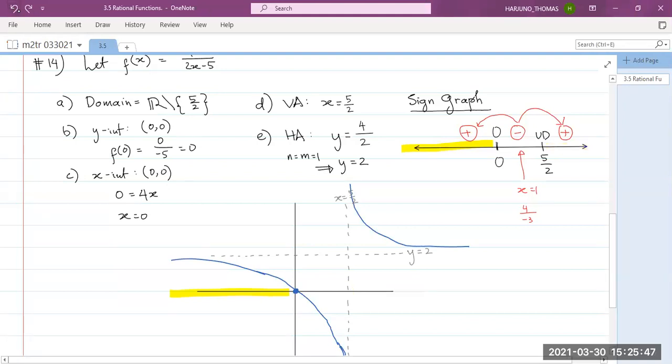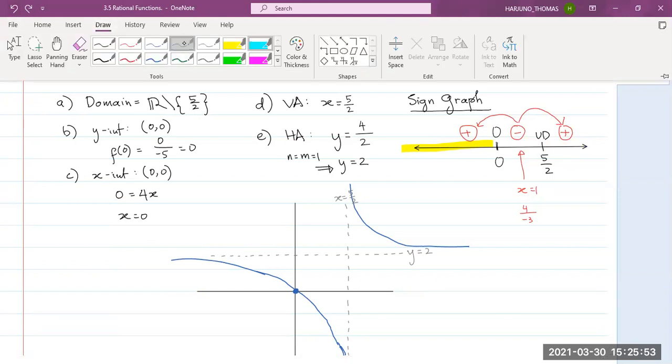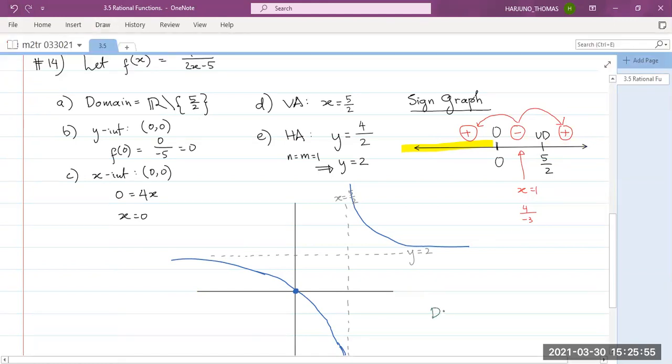Okay, but if we want to see more details, we can. For example, one of the details that we will need later on is, does the graph intersect the horizontal asymptote? How do we check that?